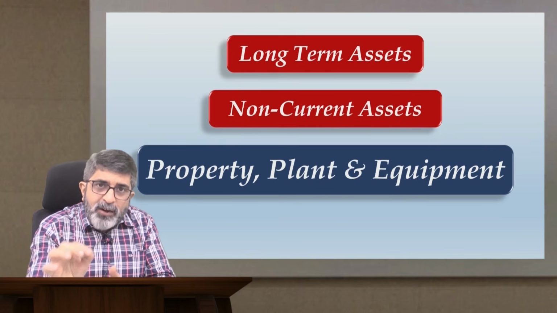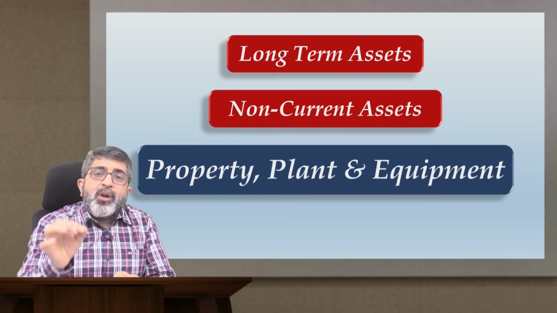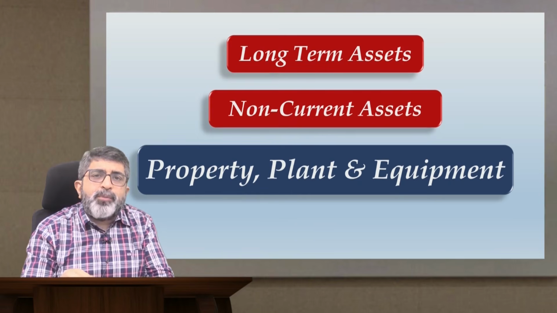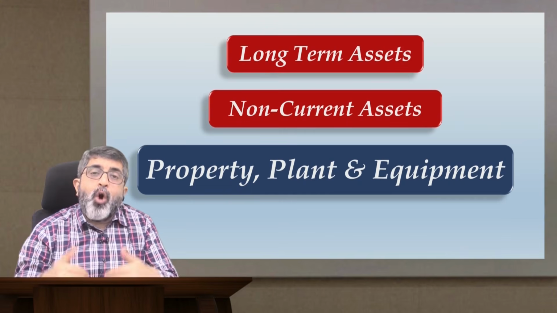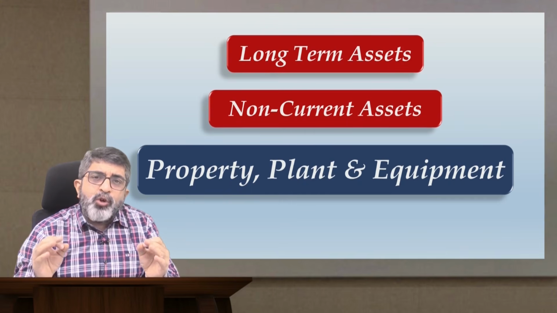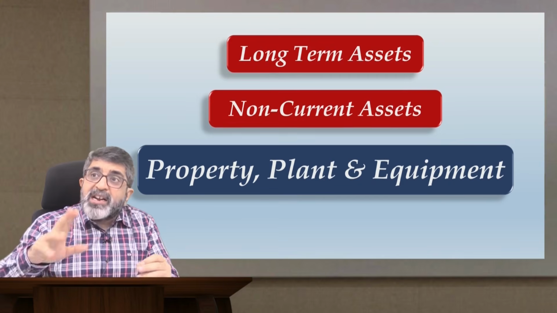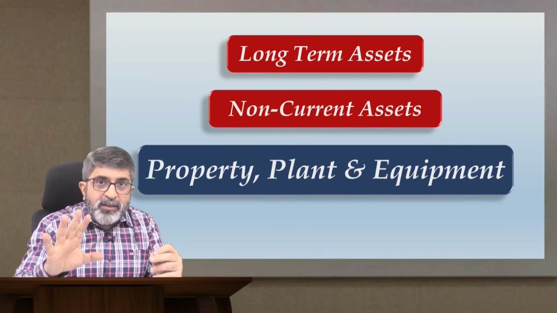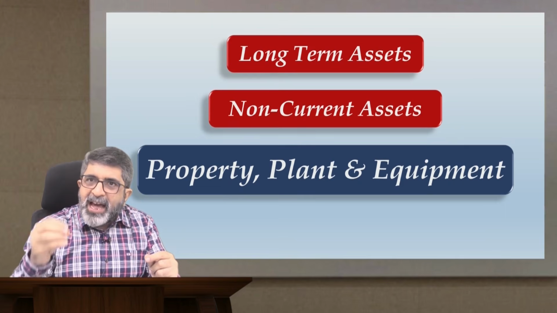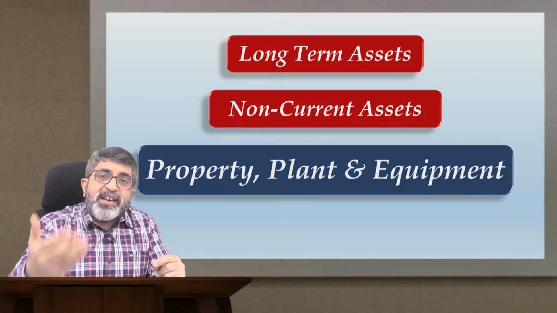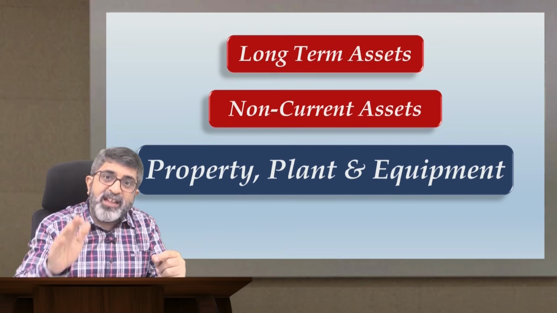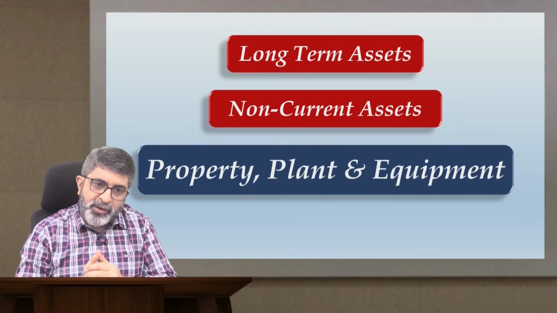So they are held for production and sale of products or services which are supplied by the entity, or they could be held for rental to others. Correct? There may be assets which are held for giving it on rental basis to others. Even these are your property, plant and equipment.